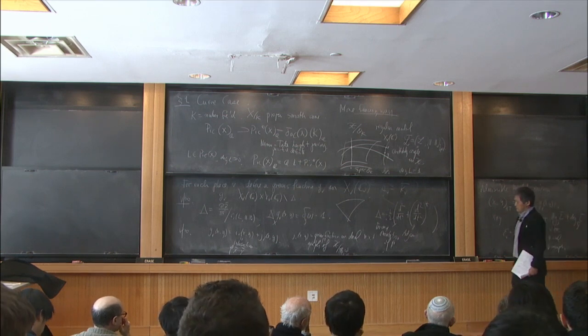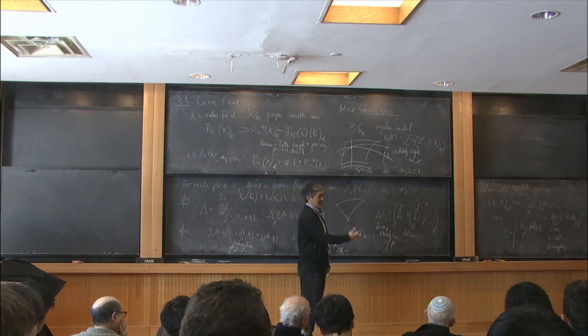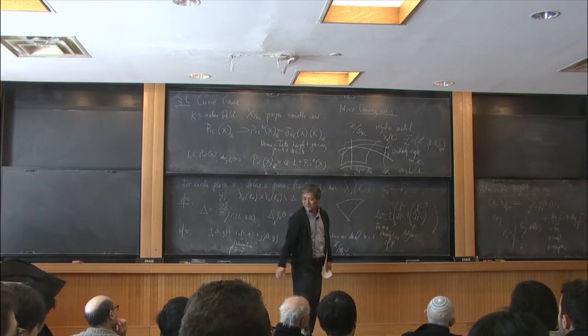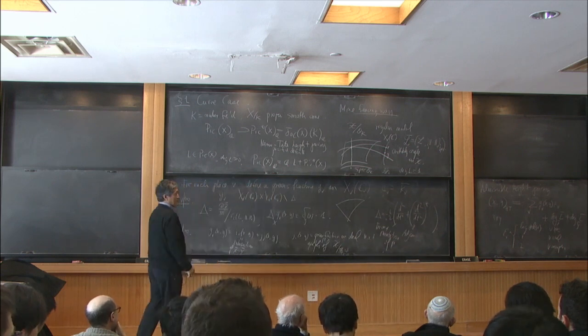Okay, so you get such a pairing, and you go back to check. This is positive definite. This extends the Néron height pairing. Right? It's a very nice one.